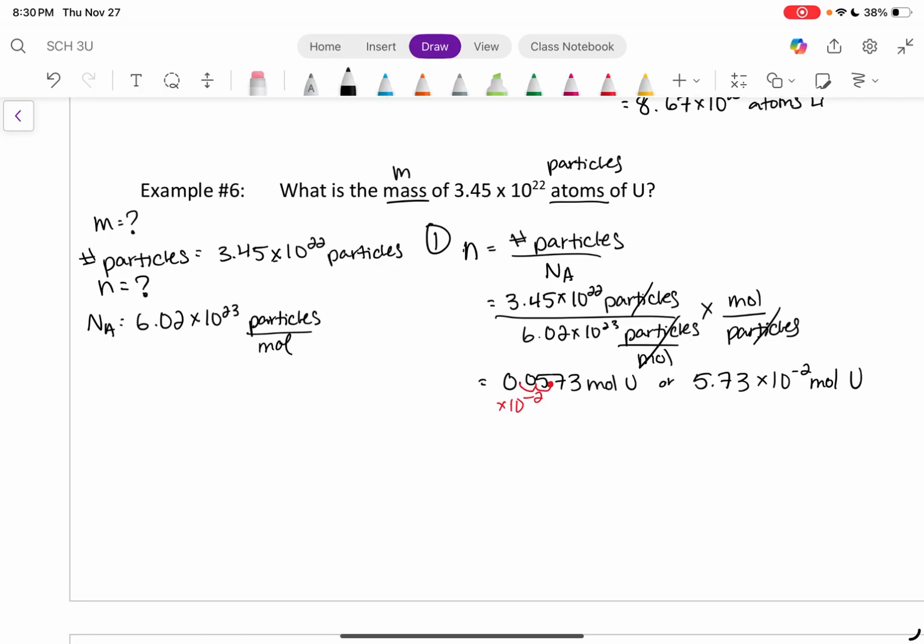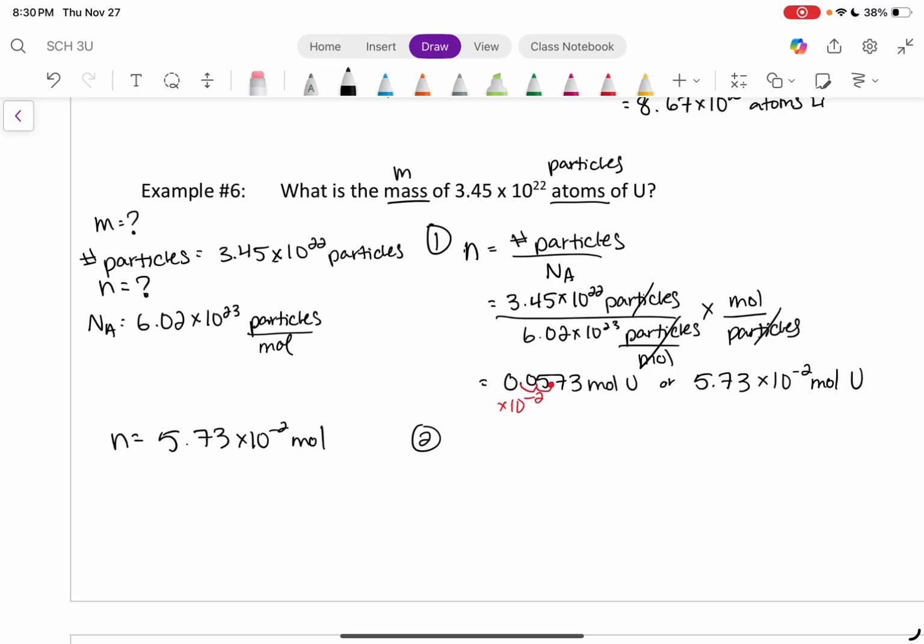Now my step 2, I need to solve for mass. So I know that my number of moles is now 5.73 times 10 to the negative 2 moles. I need to solve for my mass. And if I look on the periodic table, the molar mass of uranium is 238.03 grams per mole.